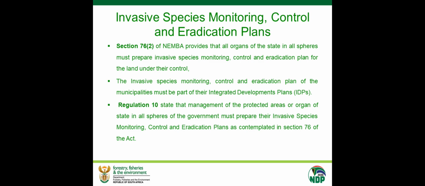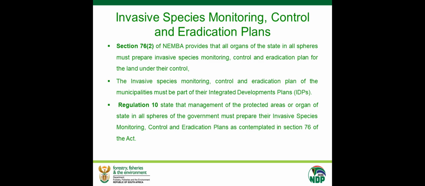Invasive species monitoring, control, and eradication. This one is for the municipalities. In terms of section 76, subsection 2, all organs of the state, including the municipalities, must prepare and submit the control plan, and the department will review it.